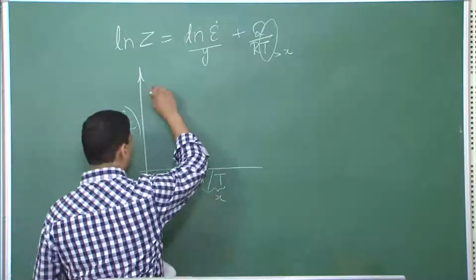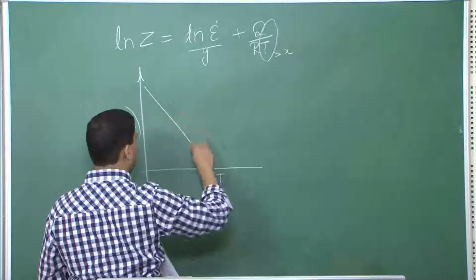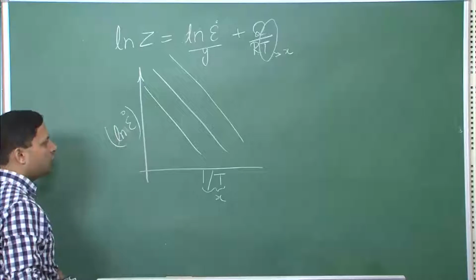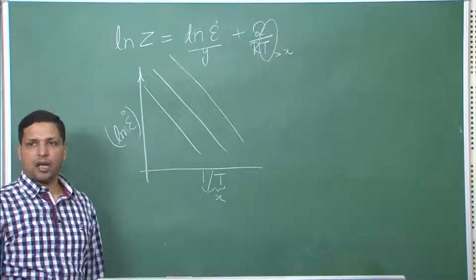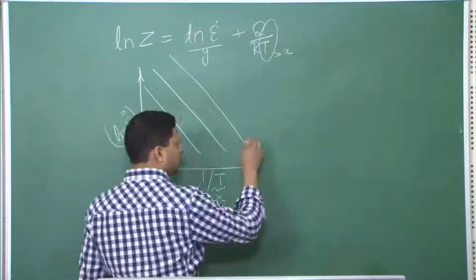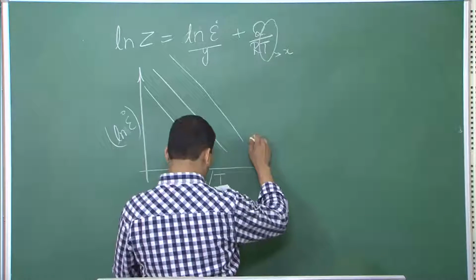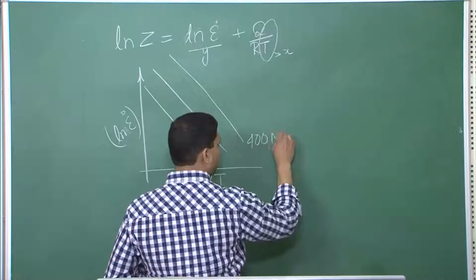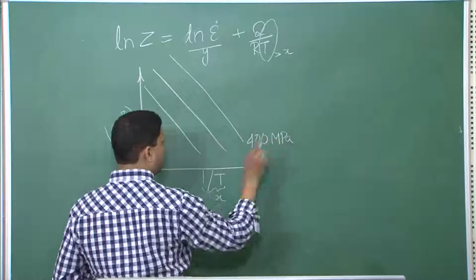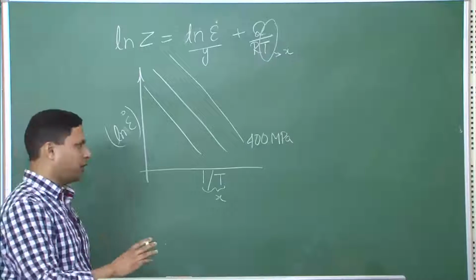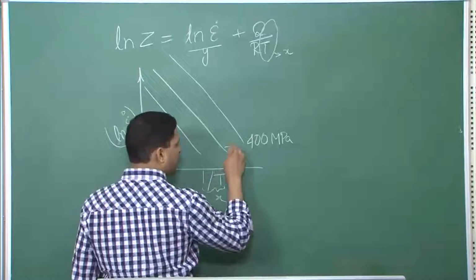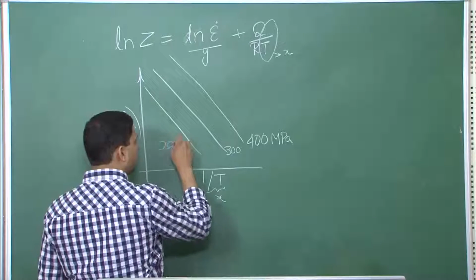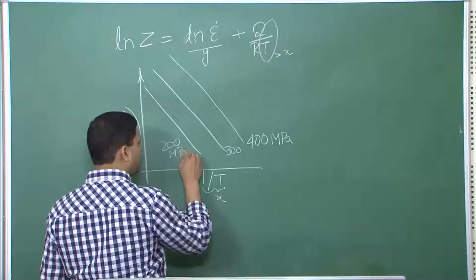You will get straight lines like this, and each of these straight lines actually represents a unique flow stress. So, for example, on this side it will be increasing, so it is 400 megapascal. This is just a schematic, I am not giving you absolute values, just take it as a schematic of how the flow stress is changing.